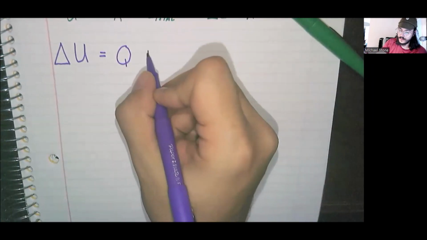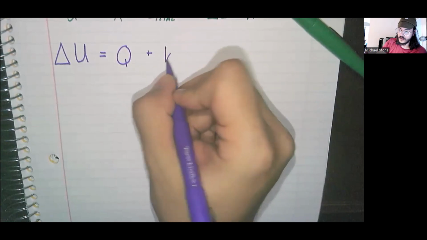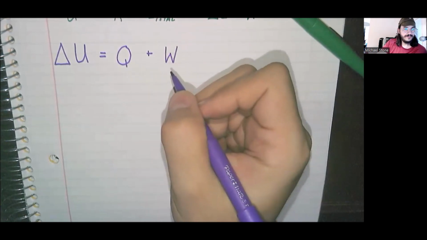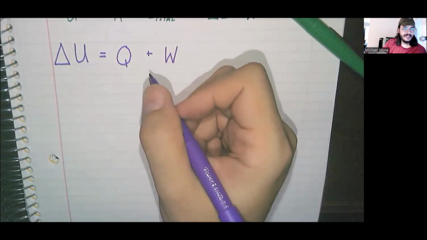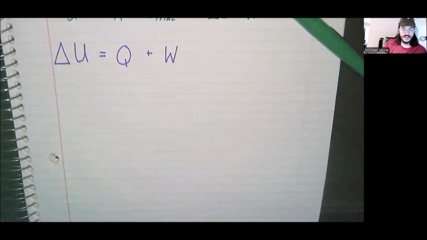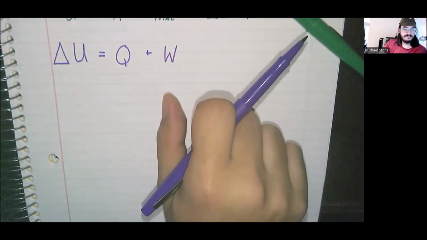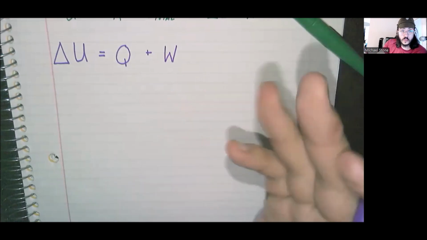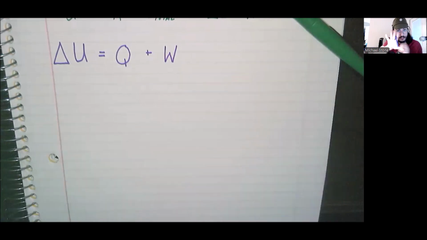Or work could be done on it. Like, say that you increase the pressure of a gas, you squeeze it, you used a force to push those particles together over a distance. That's work. Work is an increase in energy.